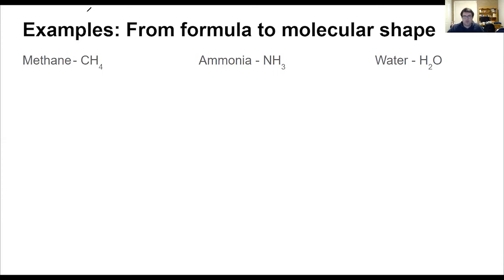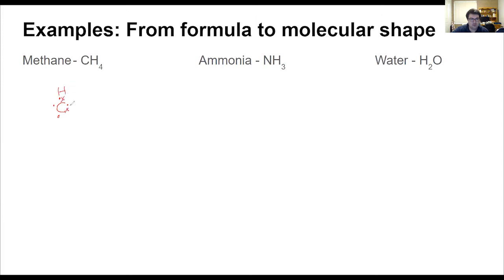So we're going to start with methane for our examples, and let's start by drawing the Lewis structure for methane. We have 1 carbon atom and 4 hydrogen atoms in a methane molecule. Remember, our carbon atom has 4 electrons, and each of our hydrogens has 1 electron.